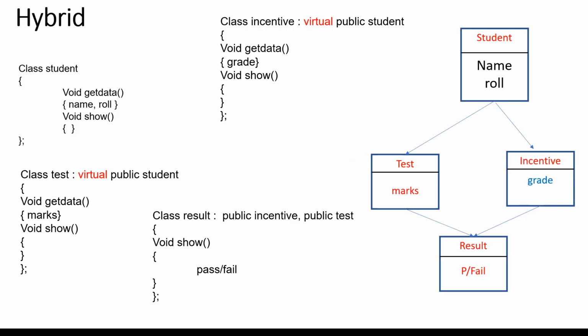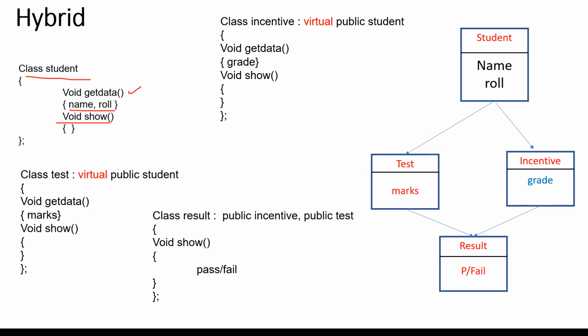So let us see the example of this hybrid inheritance or multipath inheritance. So you have a class student, right, which is a base class. In this I have not given the complete code, just written the functions over here. So void get data. You will have to add the commands for getting the name and roll number, and similarly showing the name and roll number.